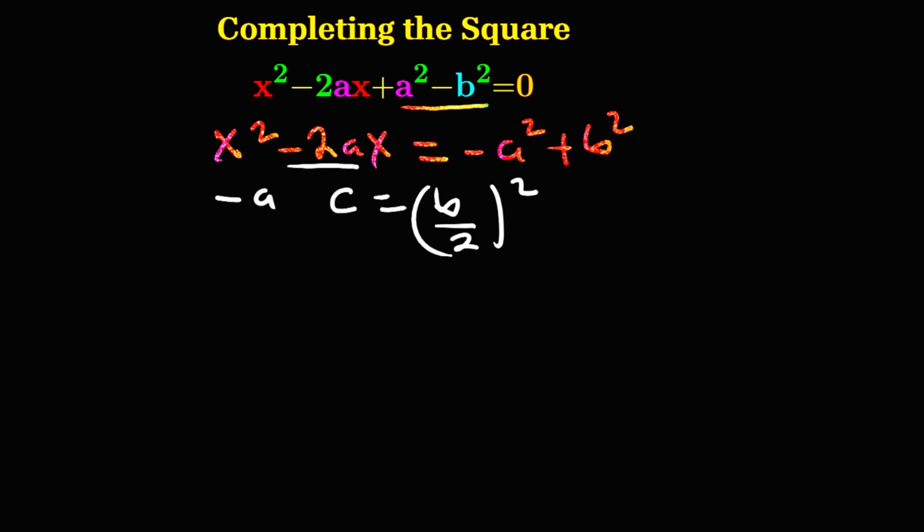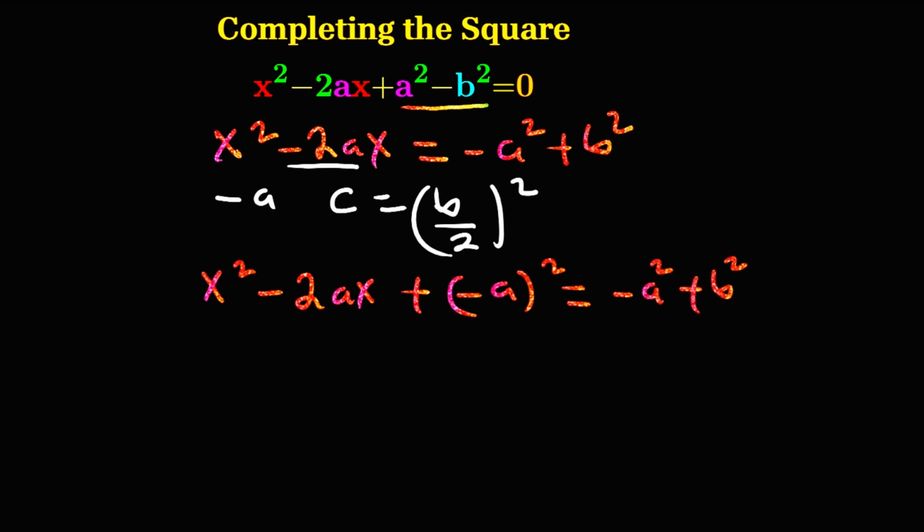So we're going to have x squared minus 2ax plus half of b squared, and half of b is minus a, squared, equals minus a squared plus b squared, and we're going to add it to the right also to maintain the balance in the equation.